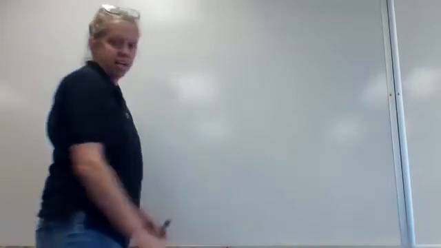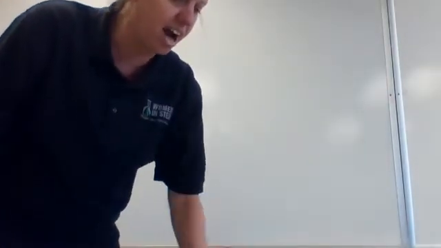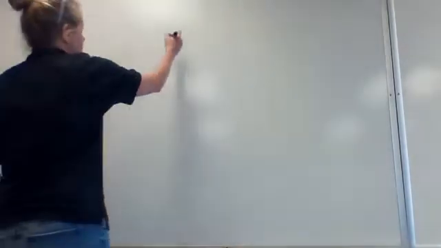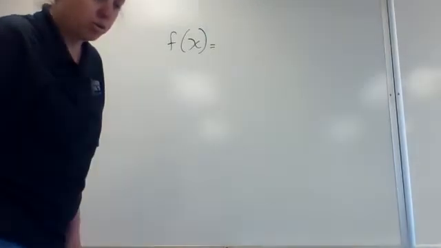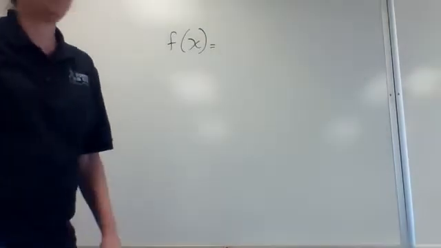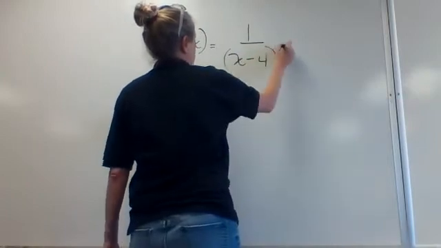So let's see how to find these. So again, skipping 3 and 4, we'll come back later. Number 5, f of x equals 1 over x minus 4 squared.